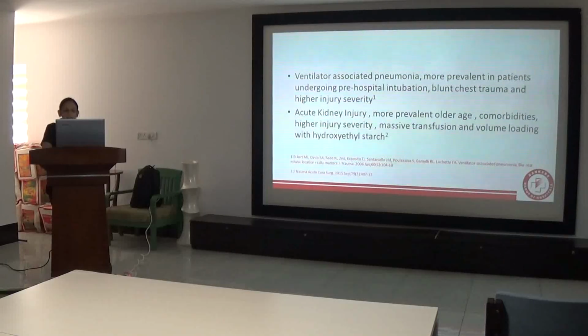What has resulted is that these patients used to get acute kidney injury. So for any trauma patient coming to us, we should avoid using Volulyte or Gelofusine. What we should rather give is normal saline, a balanced salt solution, and blood, rather than Volulyte or Gelofusine, because it results in acute kidney injury.